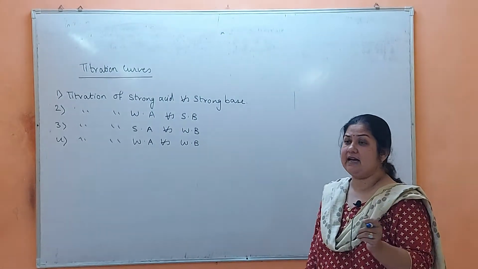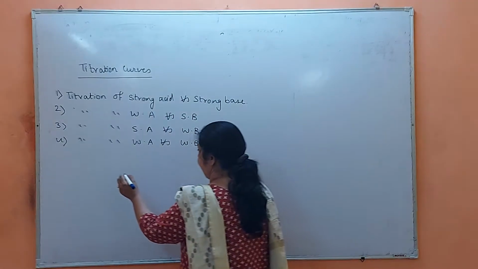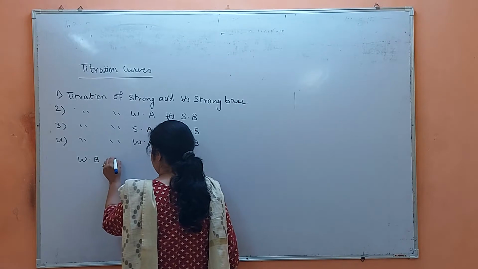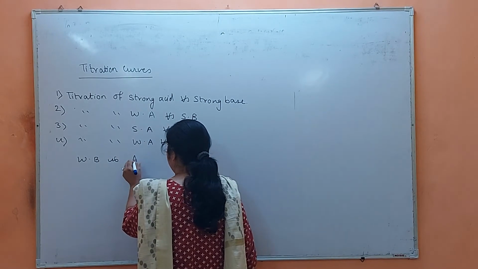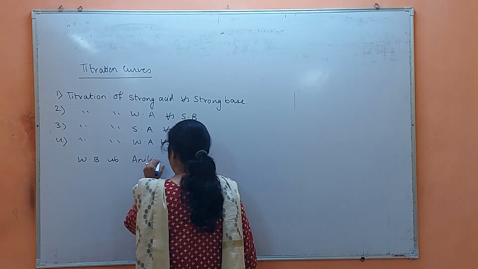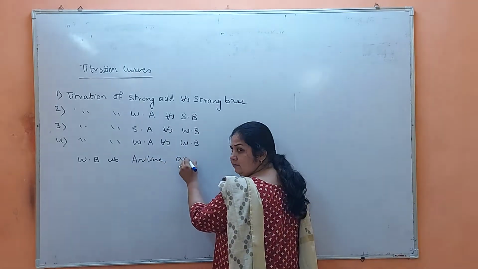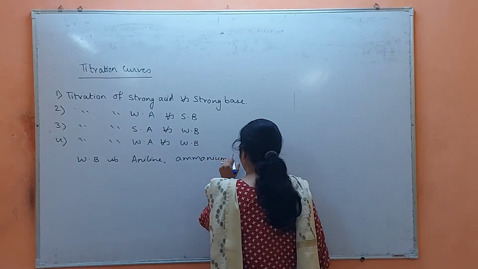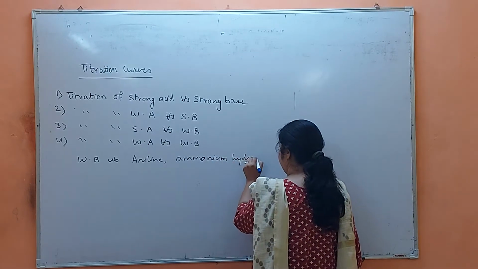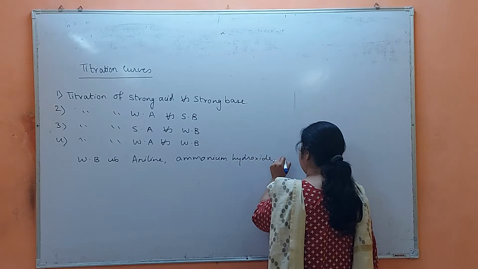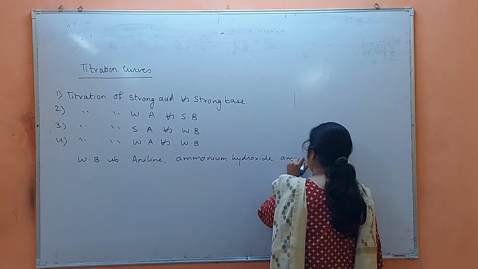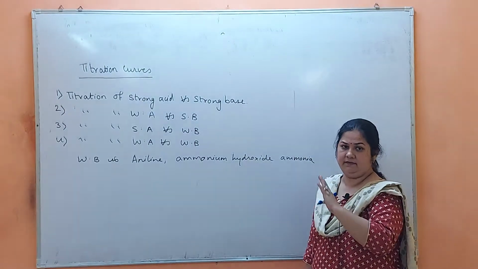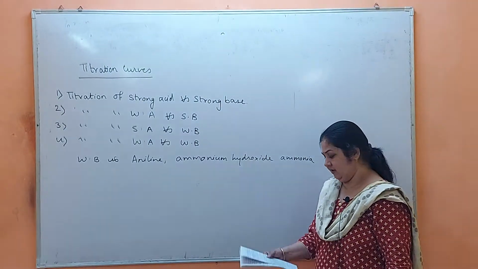Now typical example of weak base is, say, aniline, ammonium hydroxide, or you can say ammonia. These are the weak bases which can be used for titration.